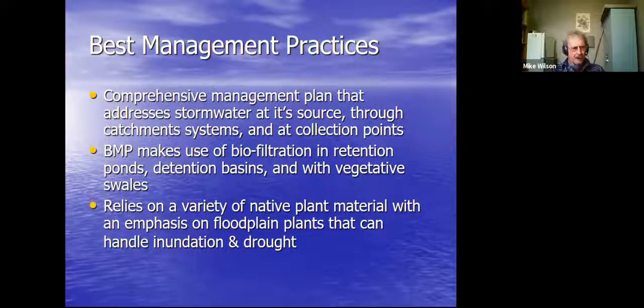And best management practices also rely on a variety of native plant material with an emphasis on floodplain plants that can handle inundation and drought. And I'd like to include that the educational component you're receiving today is part of a best management practice also. It's addressing stormwater at its source.